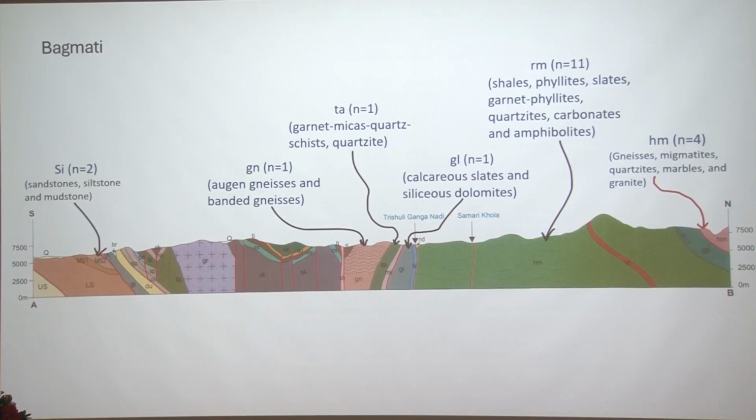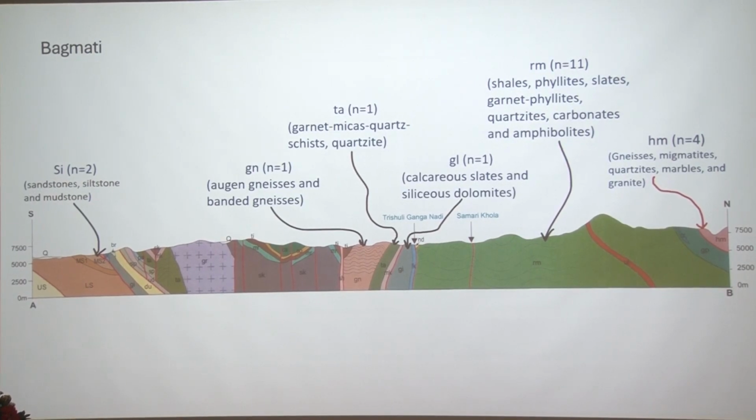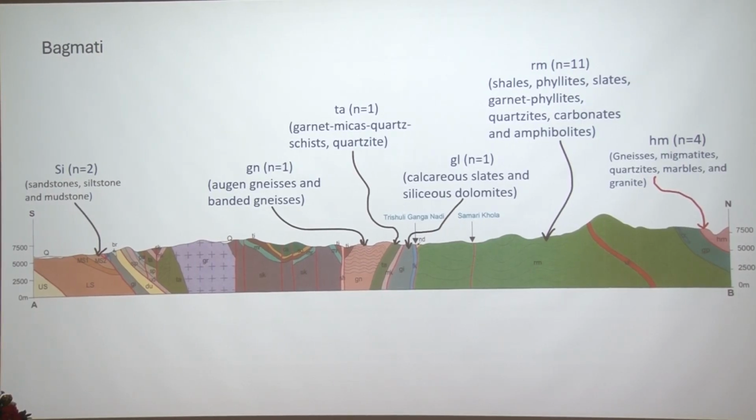To the north, in the northern anticlinorium area, there are allochthonous rocks and carbonate rocks, as well as a few metamorphosed basic rocks, Higher Himalayan crystalline rocks, gneiss, migmatite, and quartzite marbles.